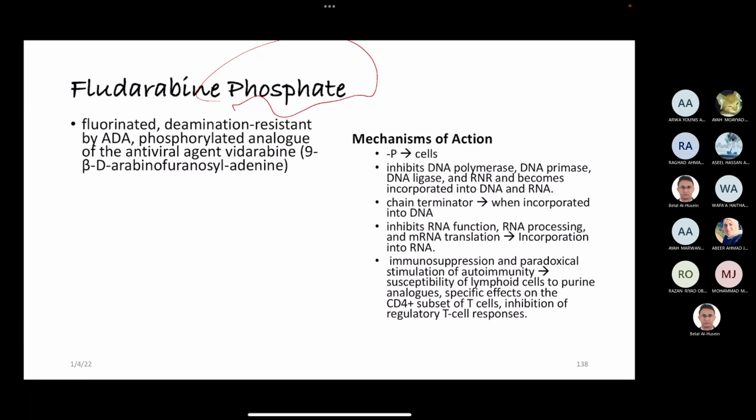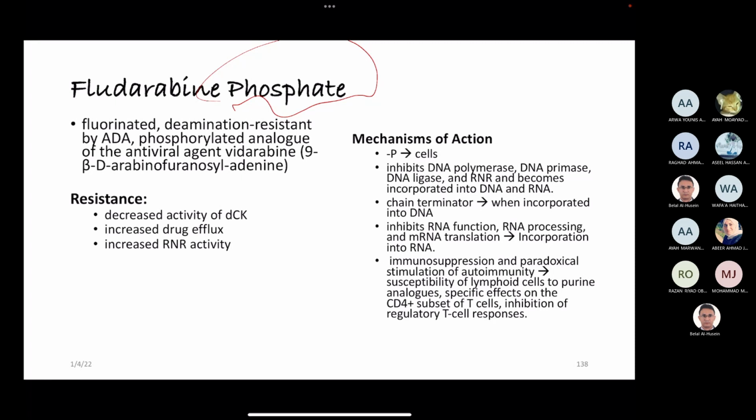Now, زي ما قلنا, it has an immunosuppressive function mediated through inhibition of CD4 plus cells, which are helper T cells, but also it suppresses, يعني احنا بنعرف helper cell بتساعد النظام المناعي, but also it suppresses T regulatory cells, and T regulatory cells are suppressors. So if you suppress a suppressor, you activate immune responses. So sometimes there are some immunostimulant effect, paradoxical ones.